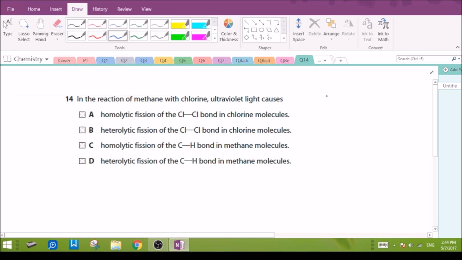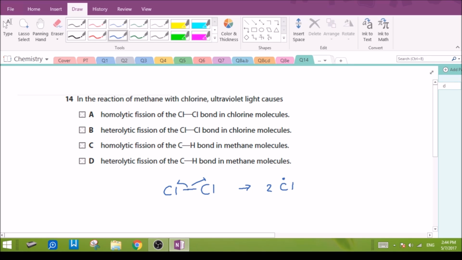In the reaction of methane with chlorine, ultraviolet light causes, okay, so this is the free radical substitution for chlorine. Ultraviolet light will break the bonds. One of the electrons will go to one chlorine and the other electron will go to the other chlorine, so that we have two free radicals.